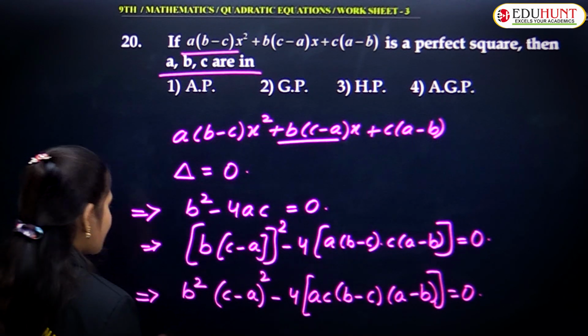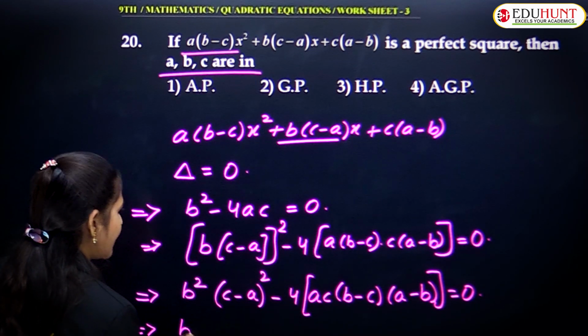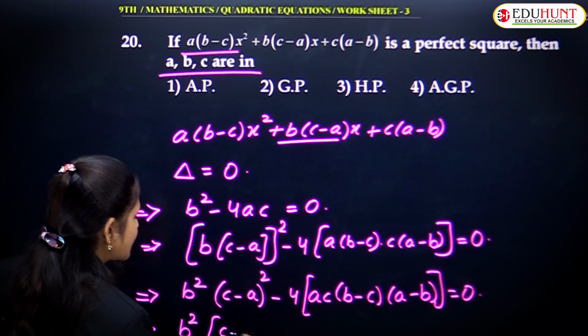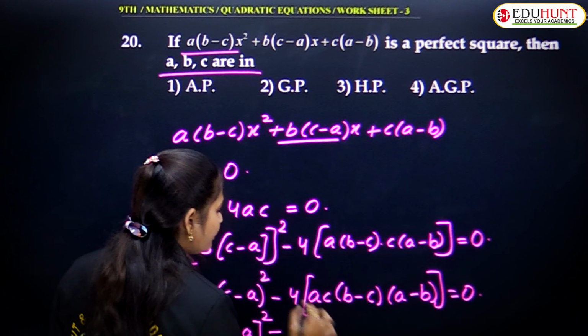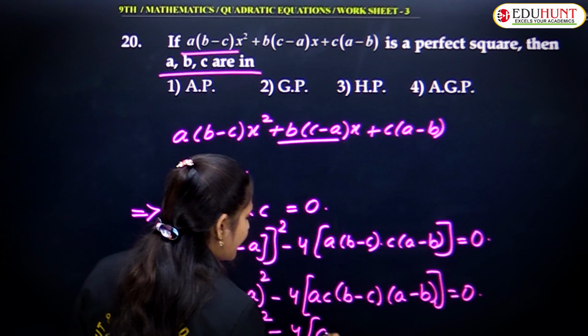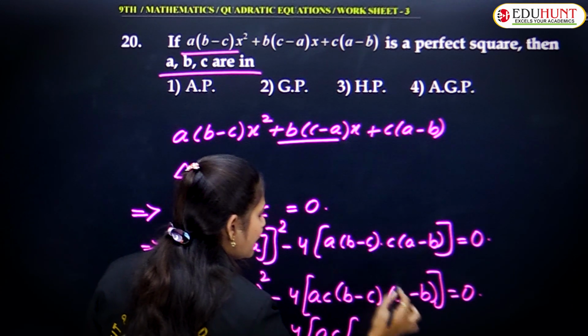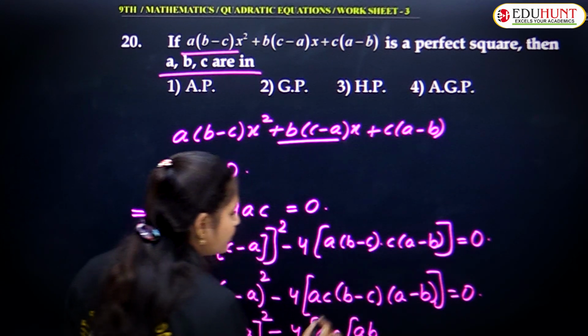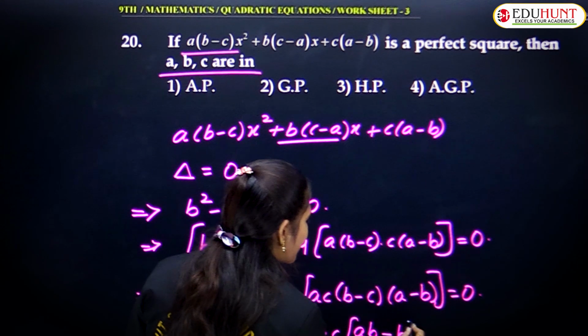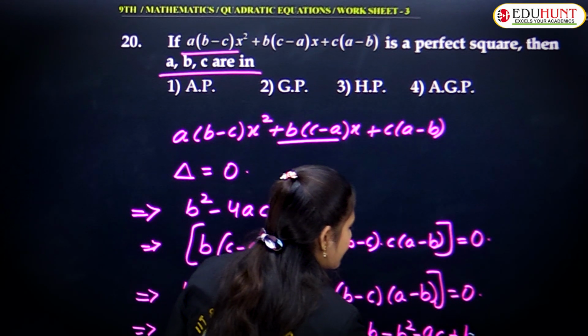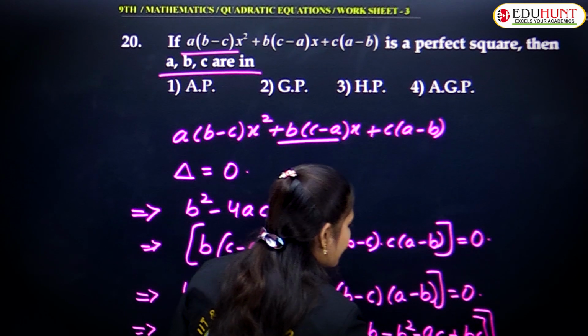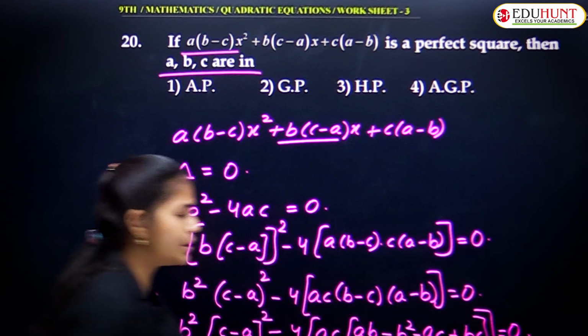So B square into (C minus A) whole square minus 4 into AC into, first simplify this, B into A is AB, and here minus B square minus AC, minus into minus plus BC. First simplify inside that, which is equal to 0.